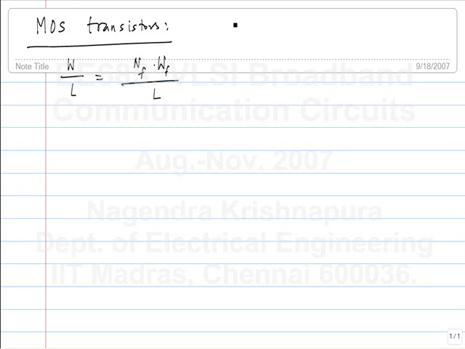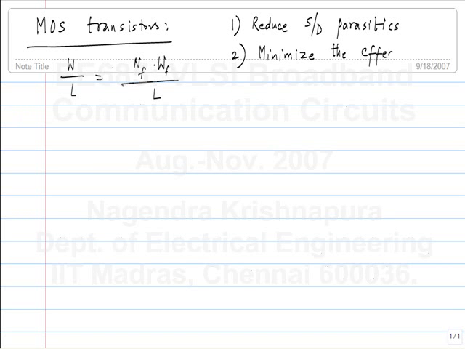So as I said, the reasons are first to reduce source and drain parasitics, and also minimize the effect of gate resistance. Are these points clear?